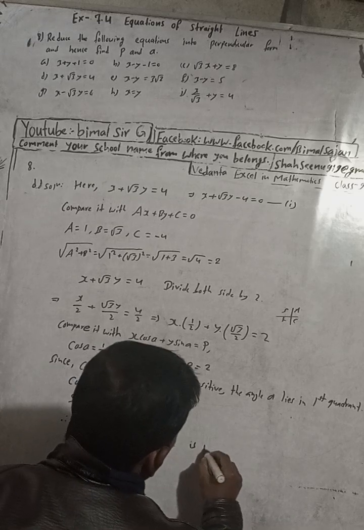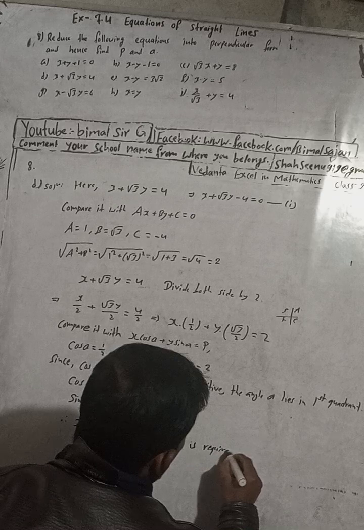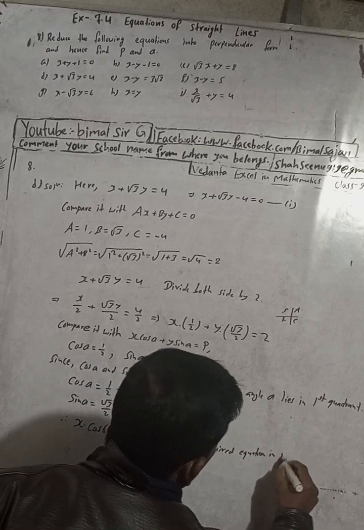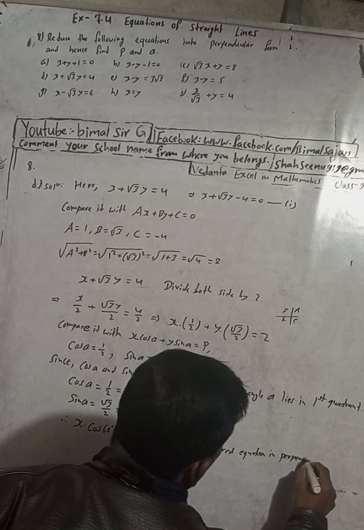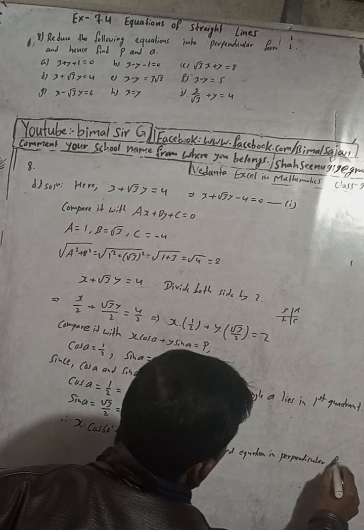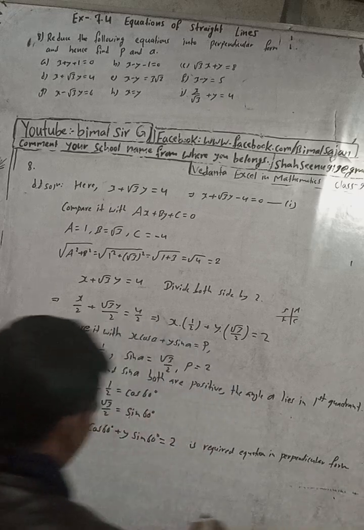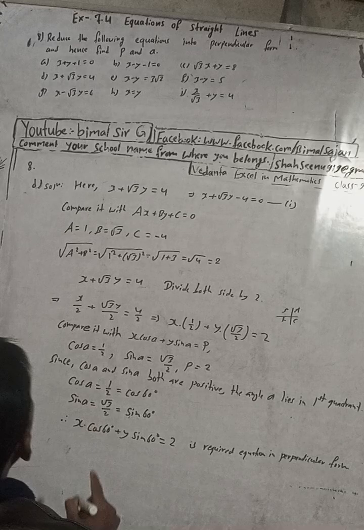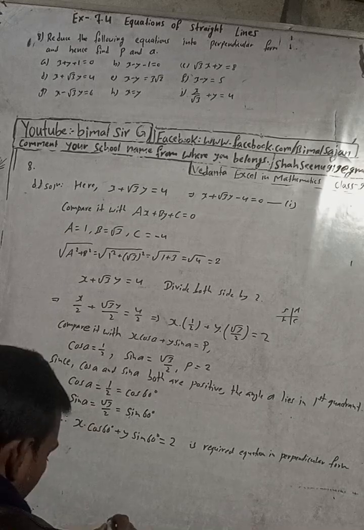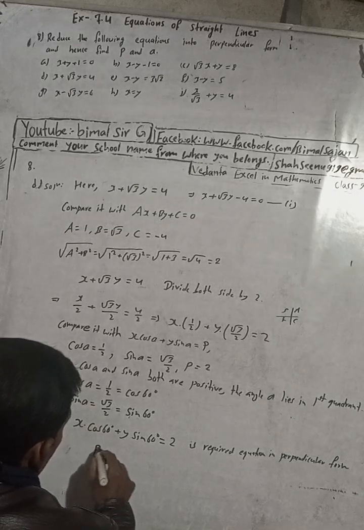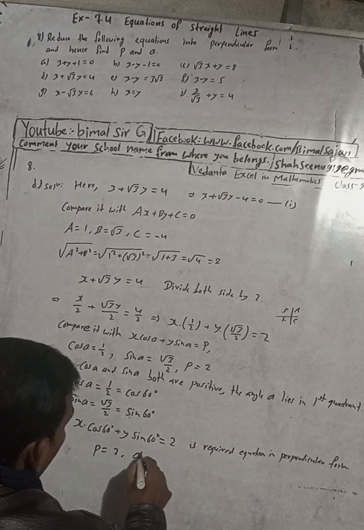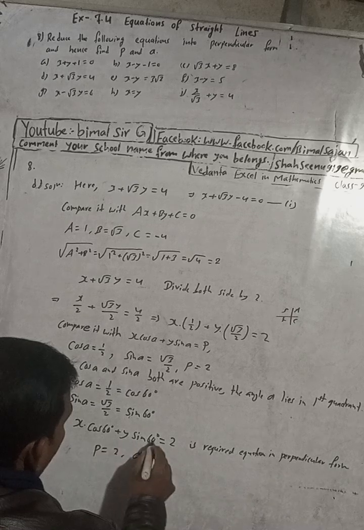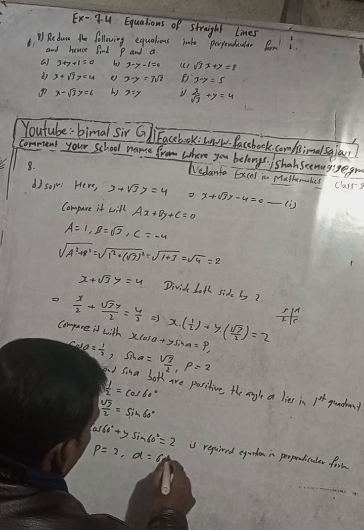Now compare it and find p. So p is equal to 2, the perpendicular, and alpha is 60 degree.